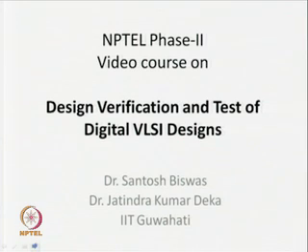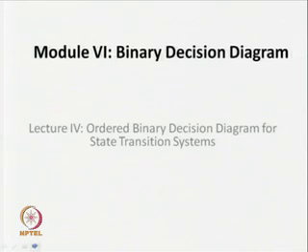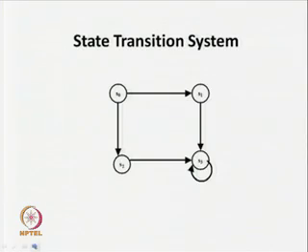Okay, today we will see how we are going to represent the sequential circuit. So how are we going to use ordered binary decision diagrams for sequential circuits? When we look into the sequential circuit, we can see that it can be represented with the help of a state transition diagram.